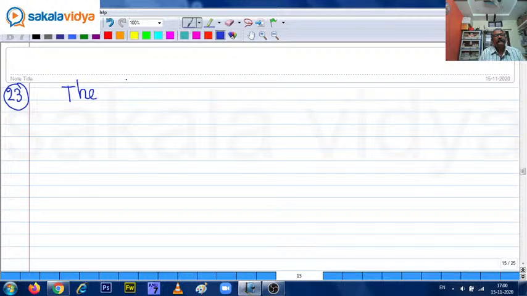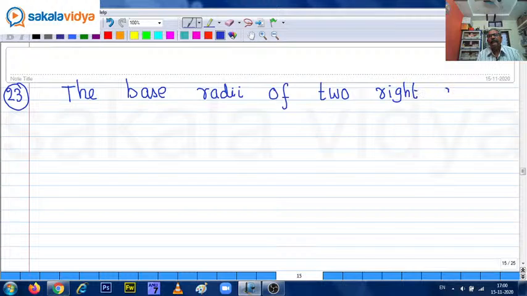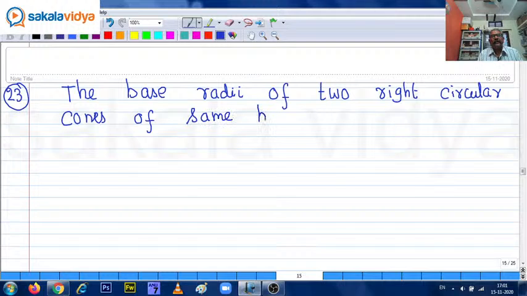The base radii of two right circular cones of same height are in the ratio 3:5.